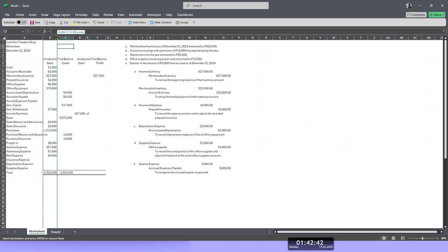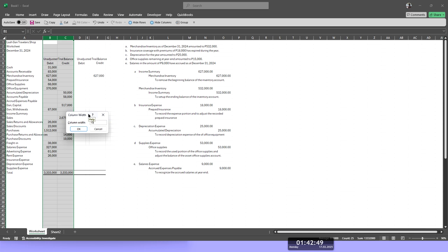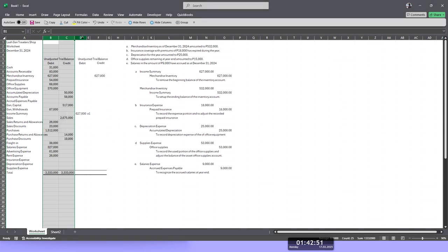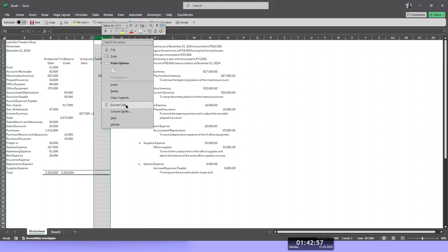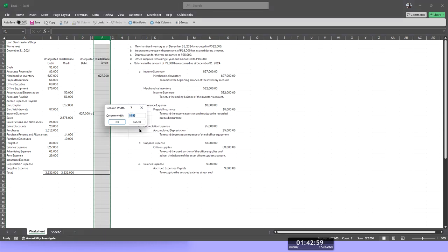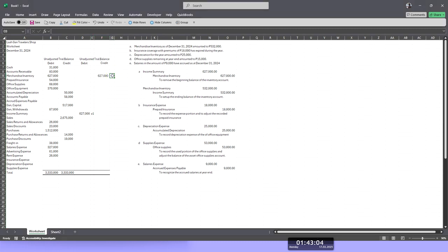Make it 10. Let's make this 10 also. And the other one is also 10. Column math, 10. Okay, and then this is A1, adjusting entry A1.